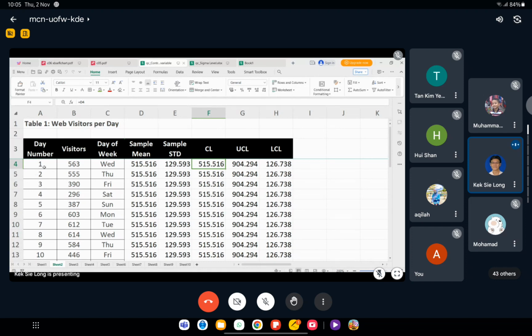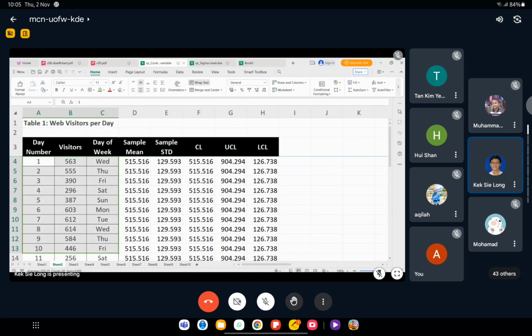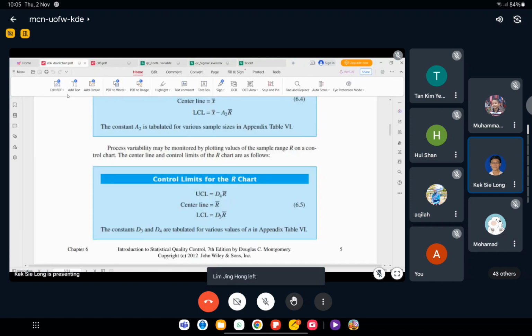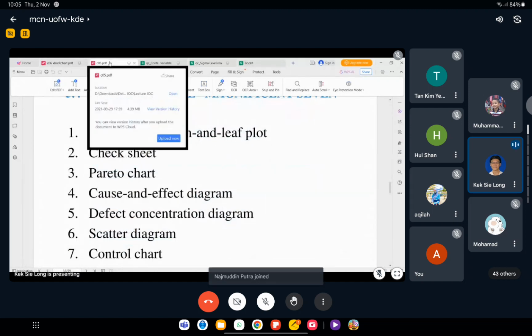Web visitors per day. I have 10. I just present you this set of data. If you were a customer or a manager, do you prefer to see this kind of data in front of you? Of course not, right? You wouldn't prefer that.